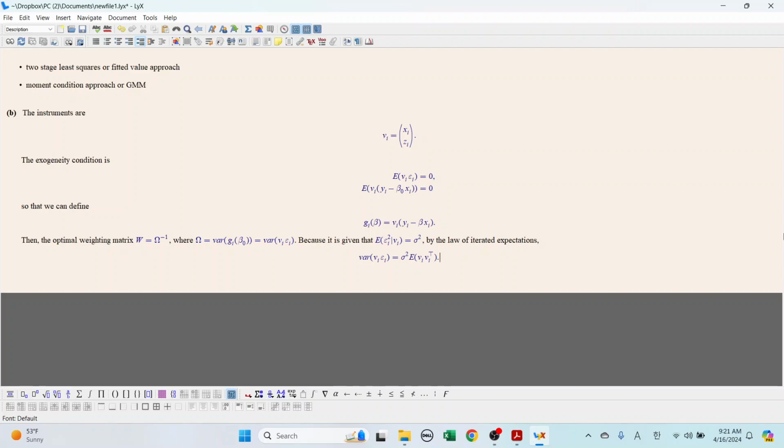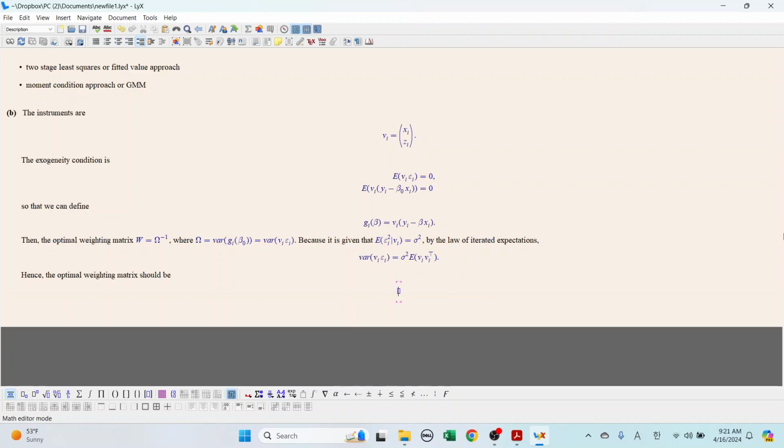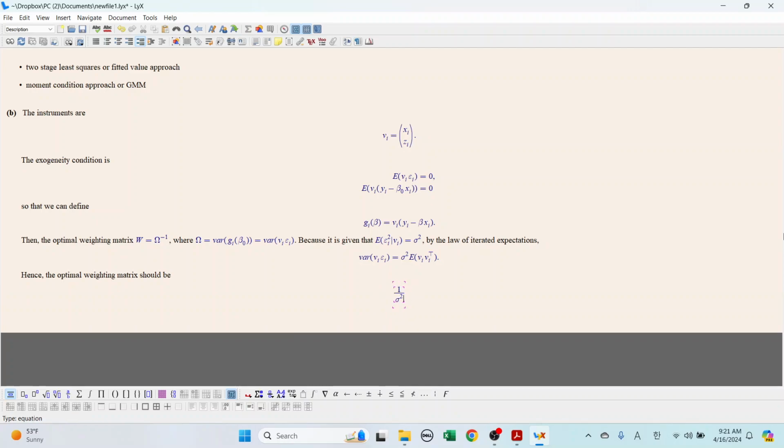So then, hence, the optimal weighting matrix should be like this.